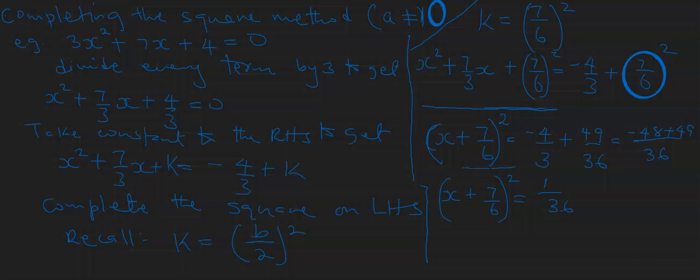So next we find the square root of both sides, and the square root of the right hand side will be either positive or negative 1/6, and the left hand side shall have x plus 7/6 is equal to positive or negative 1/6, and hence x will give us negative 7/6 plus or minus 1/6.